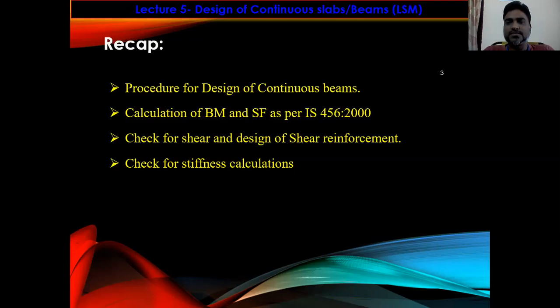We also discussed how to design the shear reinforcement and check the shear, and at last, the check for stiffness as per IS 456-2000, right?